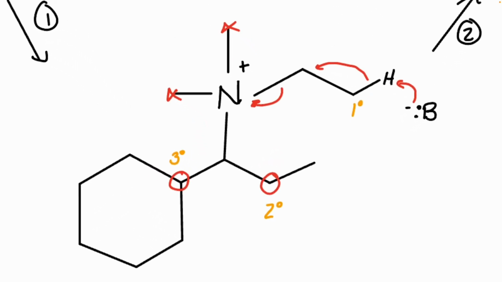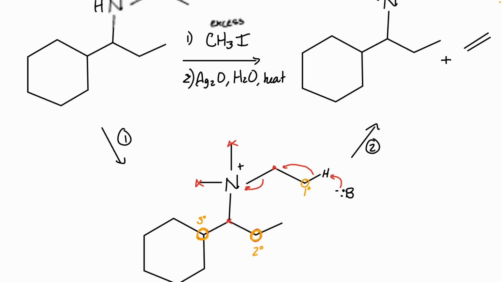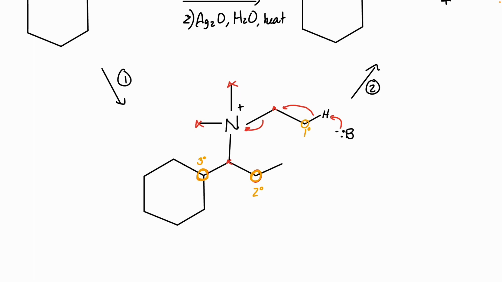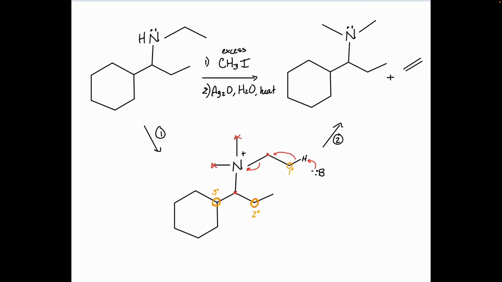All right, so again, we're not looking at the carbon attached to the nitrogen. We're looking at their next door neighbors and comparing their classification, primary, secondary, or tertiary. Does this ever happen on a secondary carbon?